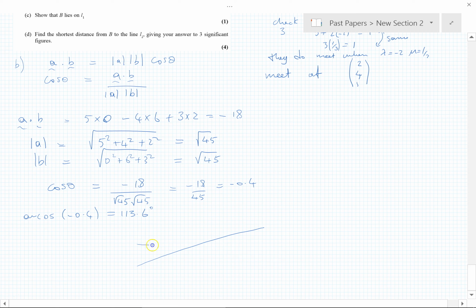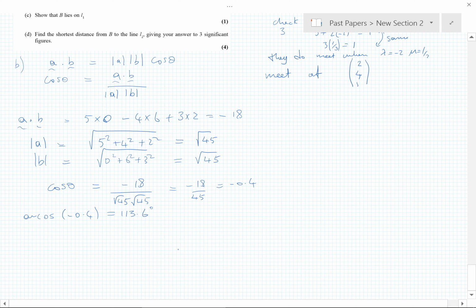But of course, we want the acute angle. Really, when we're talking about lines, the direction vector is not what we're too interested in. The only reason it's come out as an obtuse angle is because of the way the direction vector is going. But if we're only interested in the acute angle, we want 180 minus that.